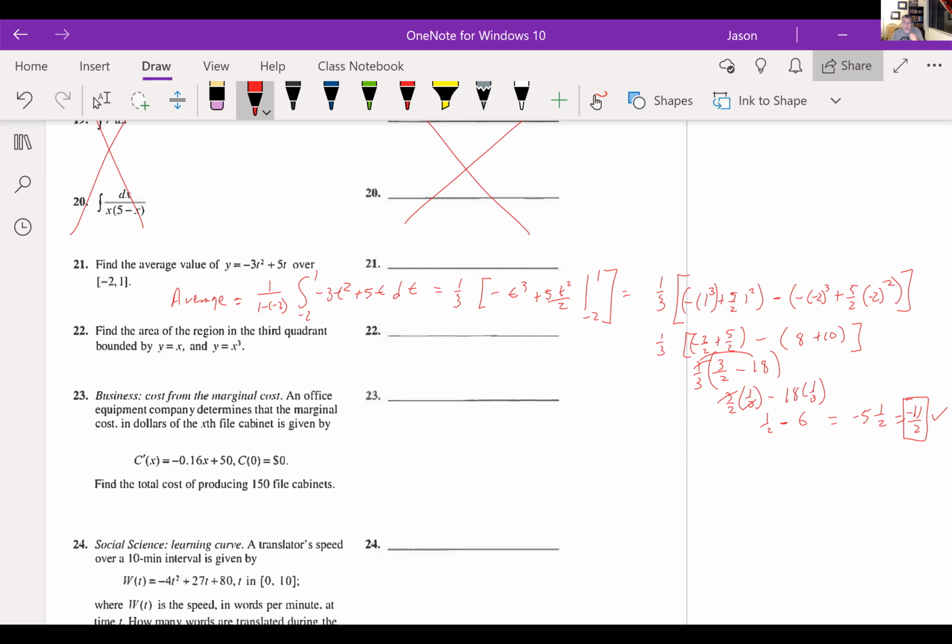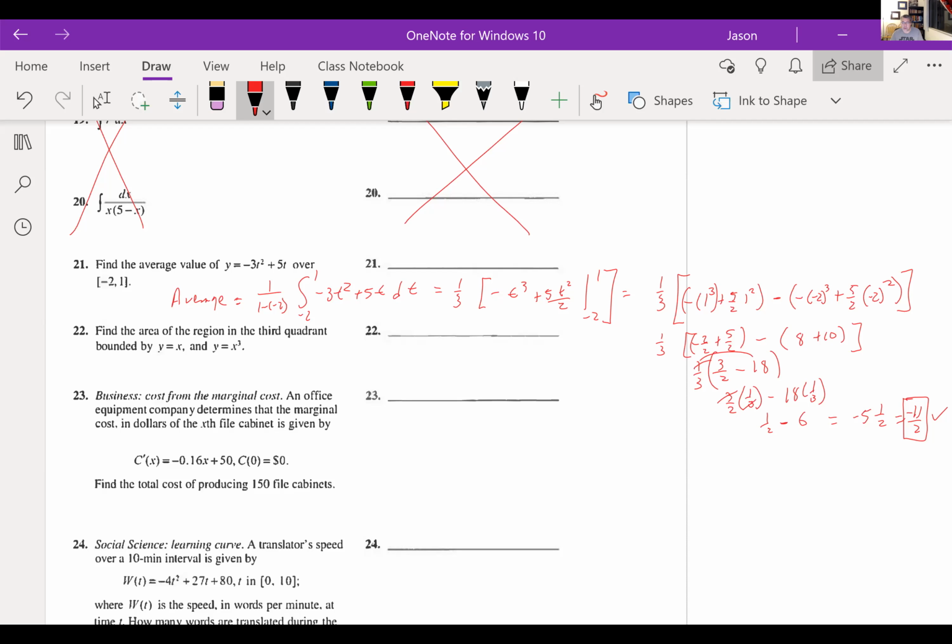Yes, there are 10 exam questions. Two are using basic rules of integration. One is solving an application. Two are finding the area under a graph.